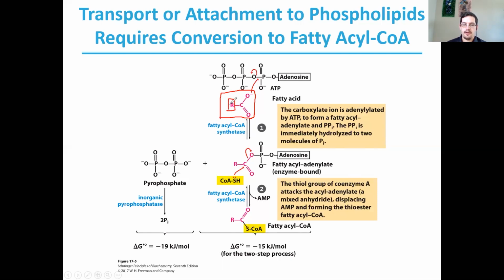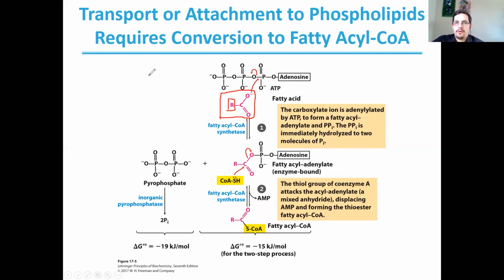Your R group here represents your fatty acid chain. This is going to vary in length. Most common is 16, but well, I guess it'd be 15. It's 16 carbons total, counting the carboxylic acid. But of course, we can have a wide range of different sizes for these fatty acids.